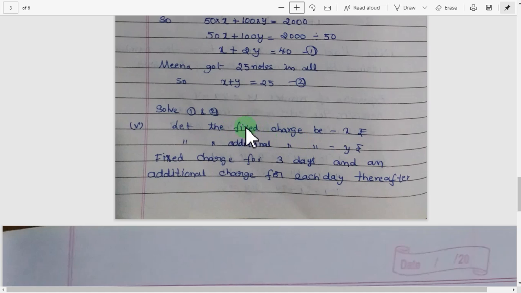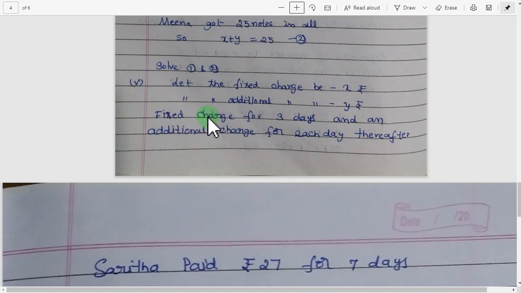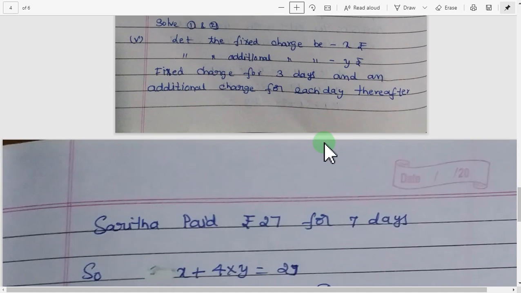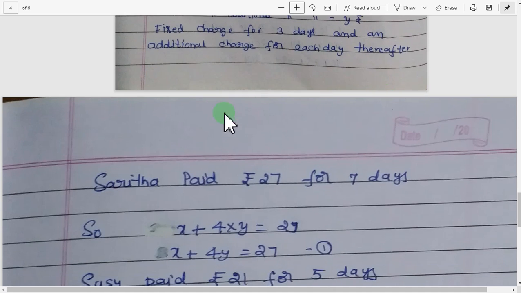So let us consider the fixed charge be X rupees and the additional charge be Y rupees. Sarita paid 27 rupees for 7 days. So how to write the equation for that?